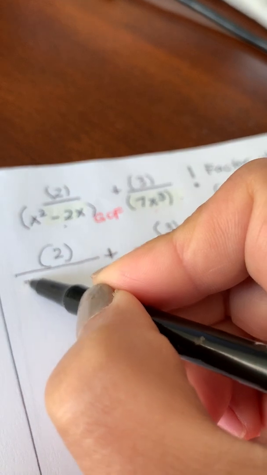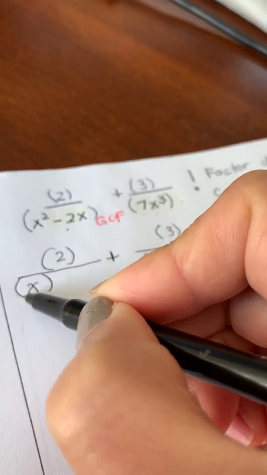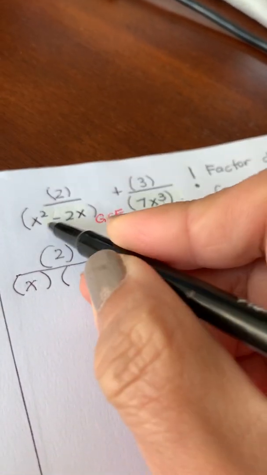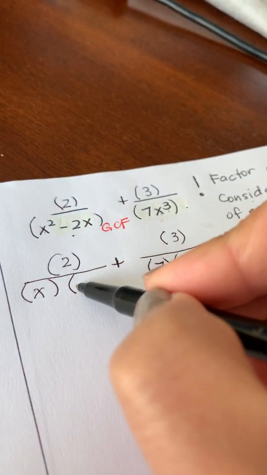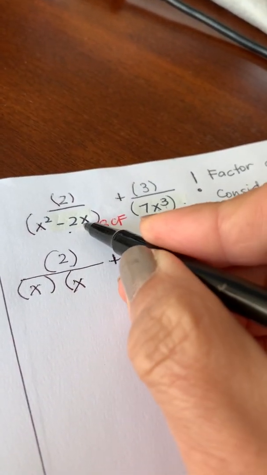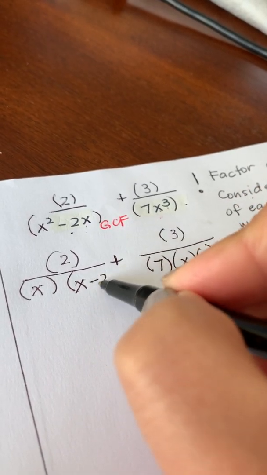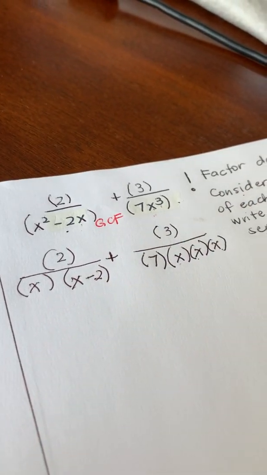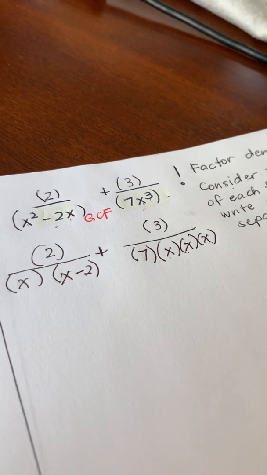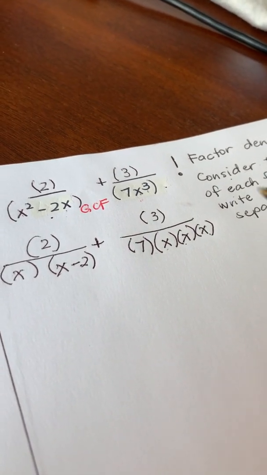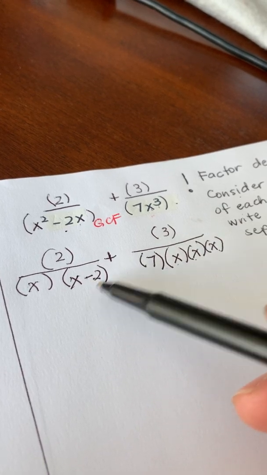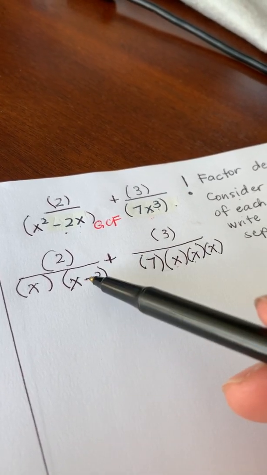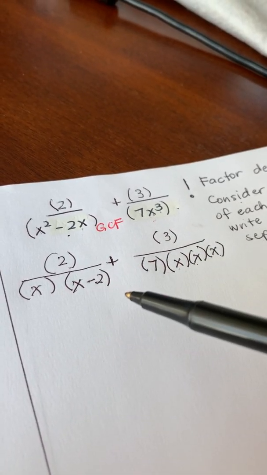So this one here is 2. Okay, x is common. Times, if we pull out x there, that will be x. If we pull out x there, that will be negative 2. Okay, so this is now in the factored form. So now we're going to get the least common denominators because we want to make these denominators the same before we can combine them.